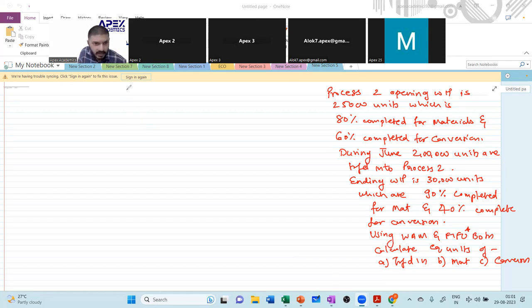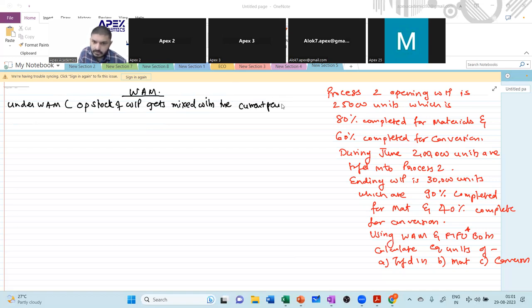My throat hurts. First, I'm doing it under the weighted average method. Under the weighted average method, opening stock of WIP gets mixed with the current period's production.